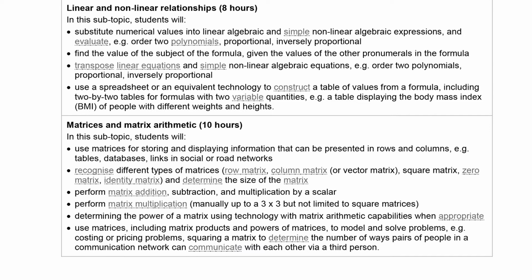It talks about different kinds of matrices, like row matrices, column matrices, zero matrices, etc. It talks about matrix operations, addition and multiplication. Talks about scalar multiplication somewhere, I think it does. Yes, it does. Talks about powers of matrices, and it talks about an application of matrices in the area of network communications. Well, let's see how the text does that.